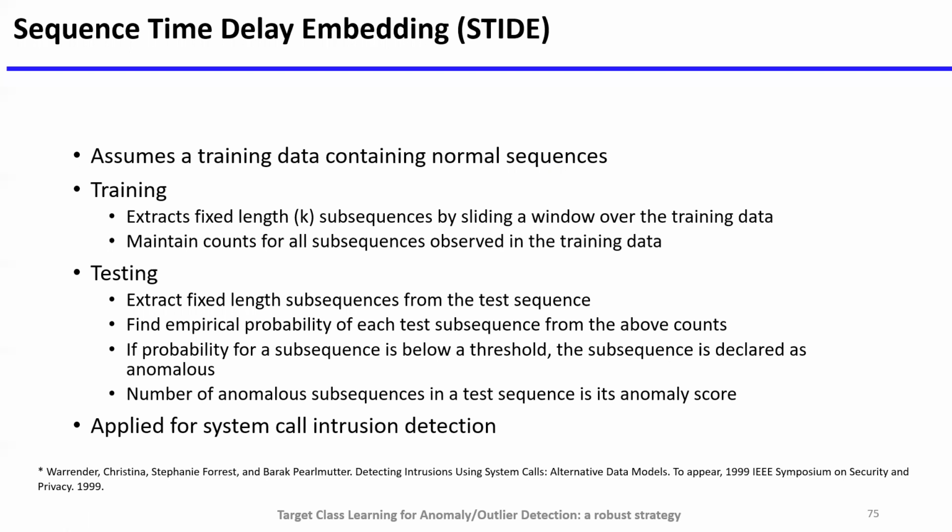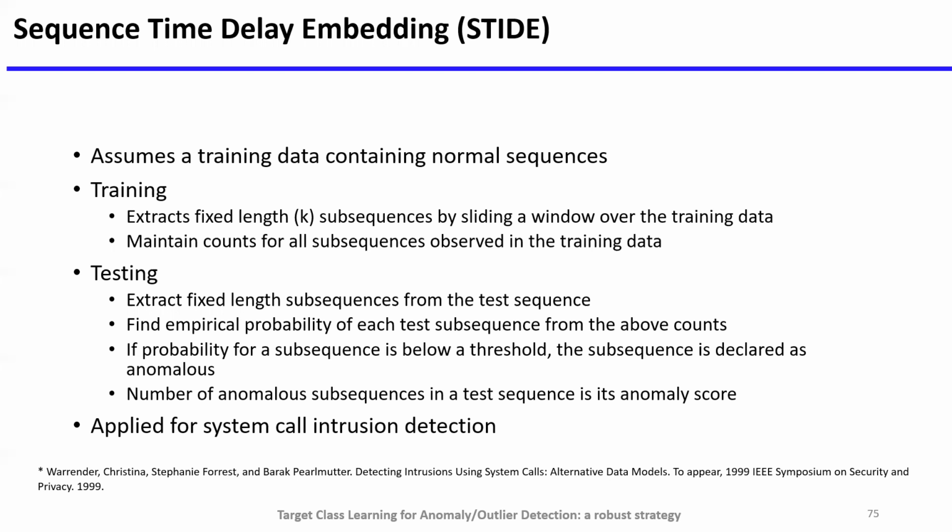That is our training part, and we maintain the count for all the subsequences within the training data. Then for testing, we extract subsequences of the same window size from the testing sequence, and we learn the empirical probability of each test subsequence from the above counts.